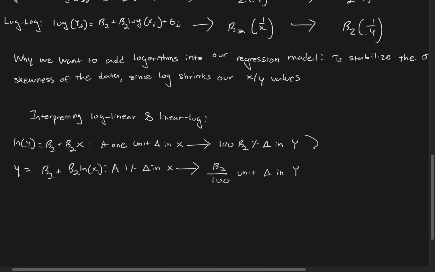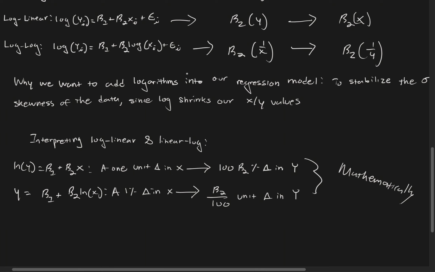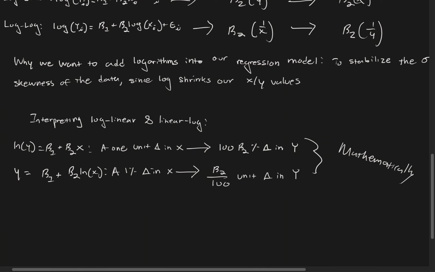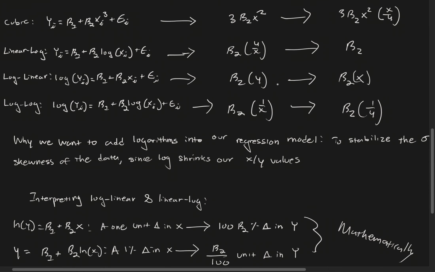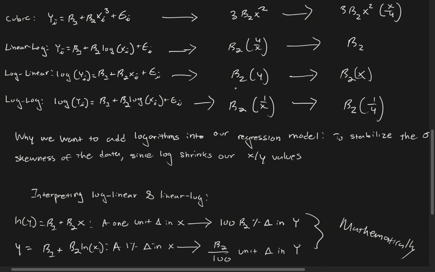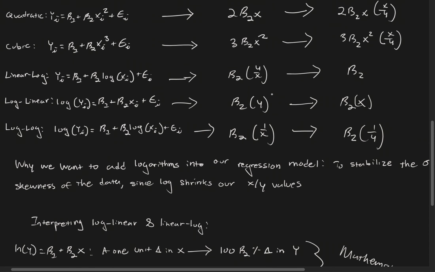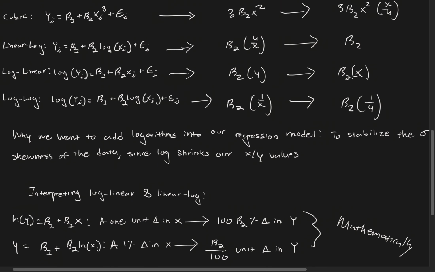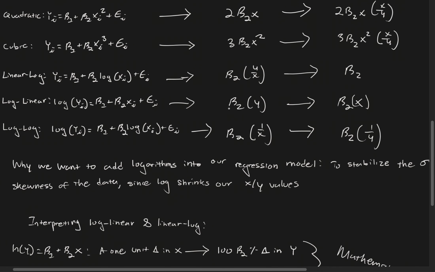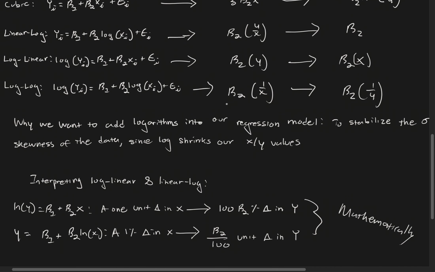Mathematically, if you want to see why we get these two answers, you can go into Google Chrome or GPT on how we get these answers or proofs, but we just want to know how we can interpret these log linear log models. The log models, they are both scale, so they're not as hard to interpret, but the elasticities are definitely harder to interpret, on how these 1 unit, 1% changes impact the dependent variable. So definitely be careful about that.